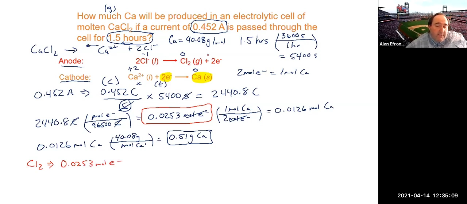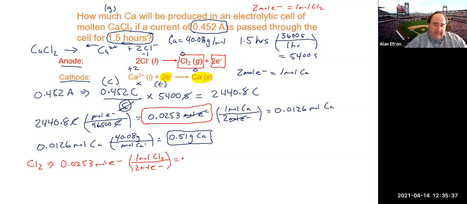We would then go into our half reaction and find a relationship between electrons and chlorine gas. In this case, for every 2 moles of electrons, we get 1 mole of Cl2. That's what we would use for our conversion here.